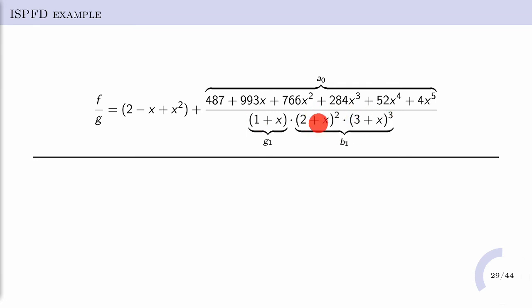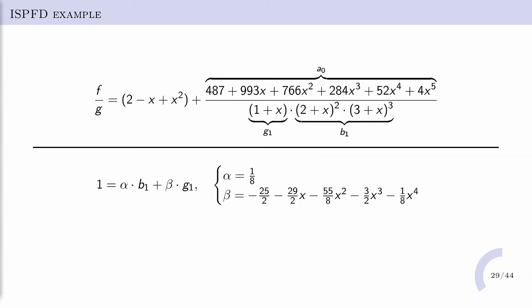So this g2 squared times g3 cubed is our b1, and g1 is here. And this is our denominator. These two are relatively prime, so using the extended Euclidean algorithm, we can find the Bezout coefficients alpha and beta. Alpha is 1 over 8 and beta is this polynomial.